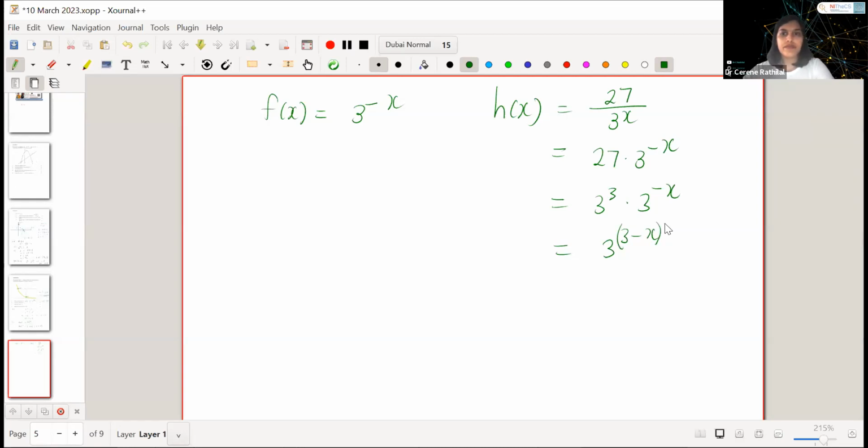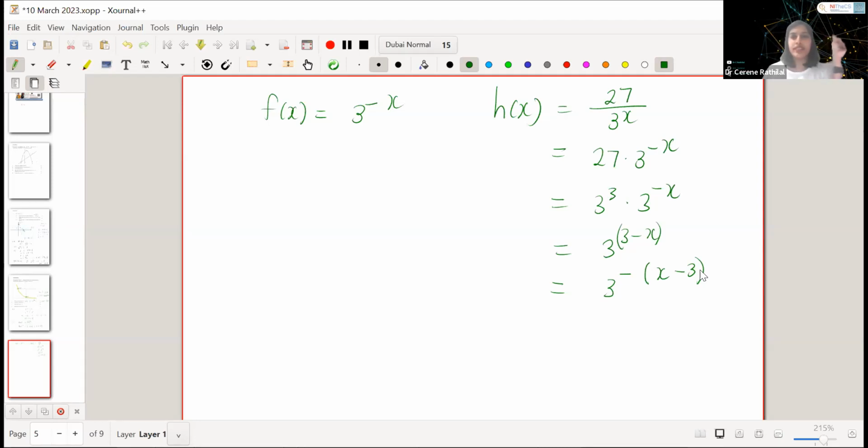But then I could rewrite it as 3 raised to the power, and I pull out a negative, and therefore I have that it is x minus 3. There we go, and this is it. So that is now how I have expressed it.